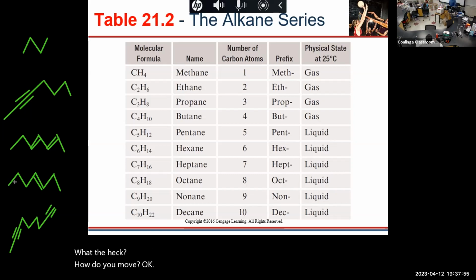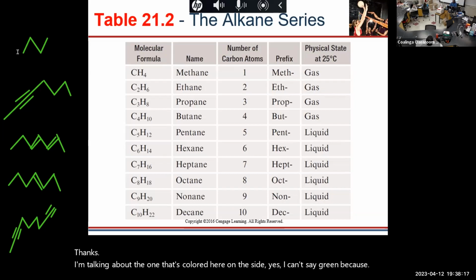Okay, let's look at this very top one, the one that's colored.